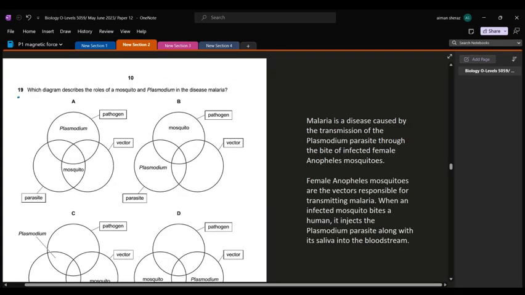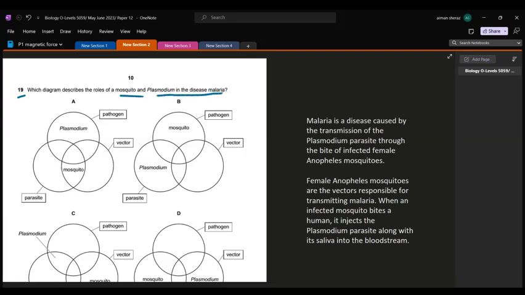Okay, question number 19. Which diagram describes the role of a mosquito and plasmodium in the disease malaria? So, malaria is a disease that is caused by the transmission of plasmodium parasite through the bite of the infected female Anopheles mosquitoes. So, they have given you pathogen, vector, and parasite.